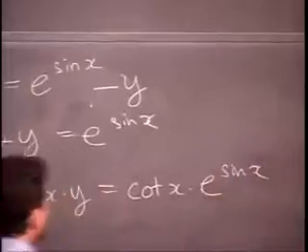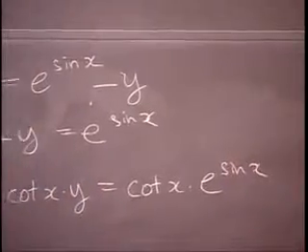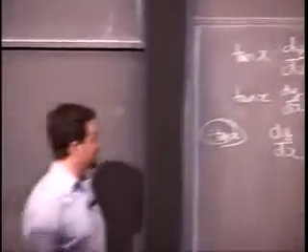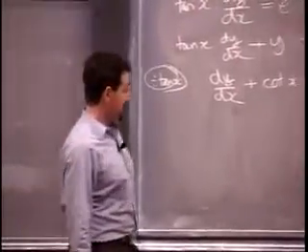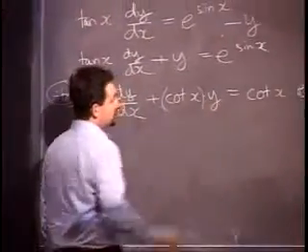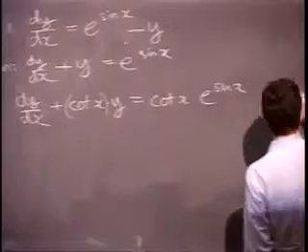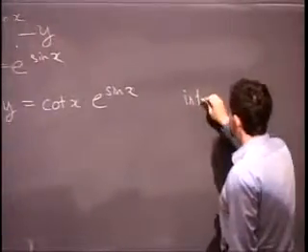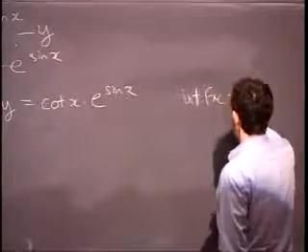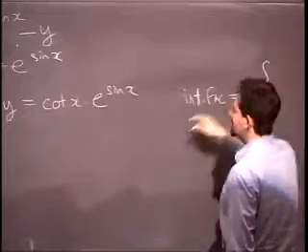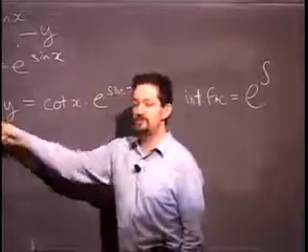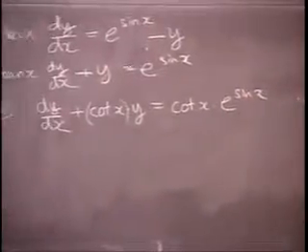All right, that's now in standard form. dy dx plus cotangent x times y. So to find my integrating factor, int fac equals e to the integral, and I pull out the coefficient of y, which is cotangent x.